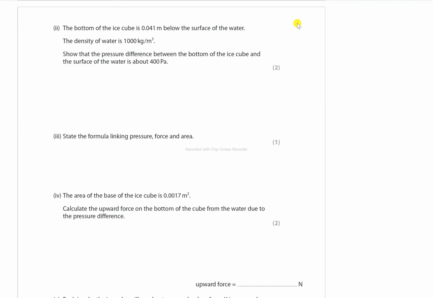The bottom of the ice cube is below the surface. Show that the pressure difference between the bottom and the surface of the water is about 400. So we know pressure equals height times density, which is rho, and g. Let's substitute the values in.